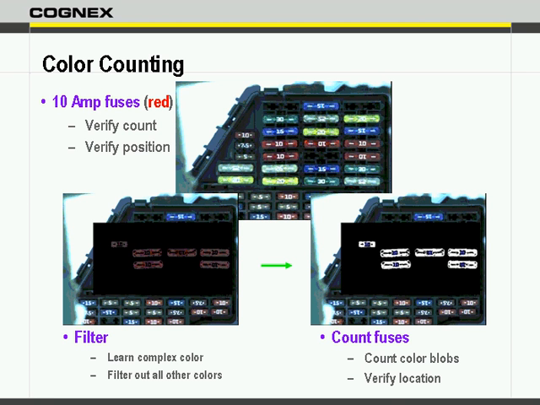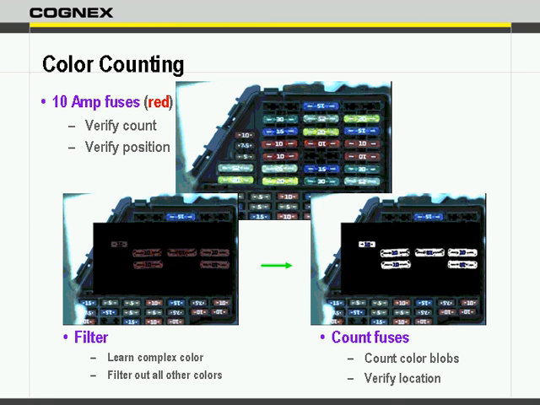Now you probably noticed that it's not just a single red color, but it's actually kind of a complex histogram of red. So that's one of the great uses of a pixel counting tool in conjunction with a filter: you can learn a complex histogram, not just a single color, but a whole range of colors, and then threshold based on that. So it's a very powerful thresholding method. Once we get that filtered image, we can apply tools on top of that filtered image.